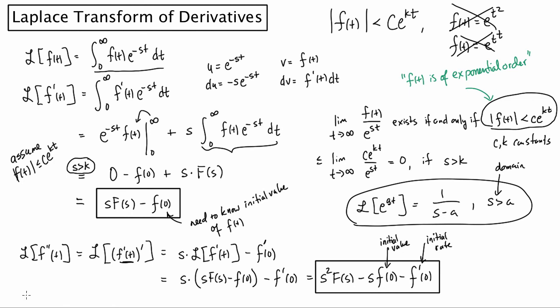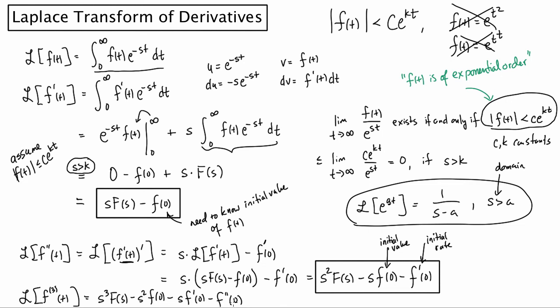And so in general, if we were to go up to the next highest one, for example, the Laplace transform of the third derivative, the pattern that we've established here, this would be s cubed F of s minus s squared f at 0 minus s f prime at 0 minus f double prime of 0. And you can see here that that would involve 3 initial points that I would have to know at the value 0 in this case.